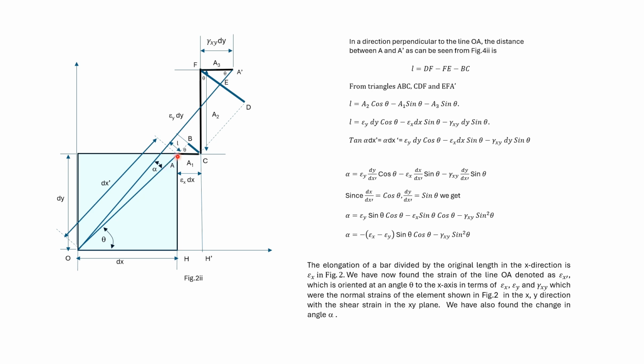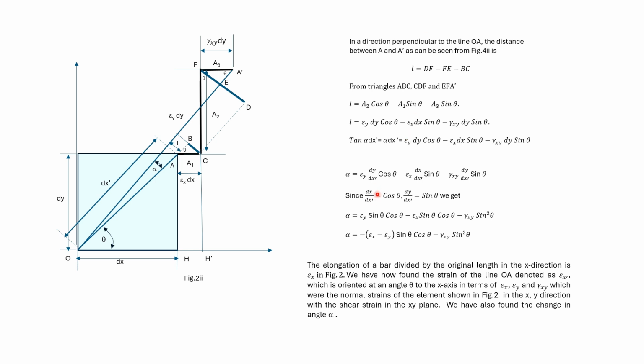Now from this triangle, L can be written as tan alpha dx dash. Now alpha being small, we can write tan alpha dx dash as alpha dx dash. Now dividing by dx dash on both sides, we get this expression.